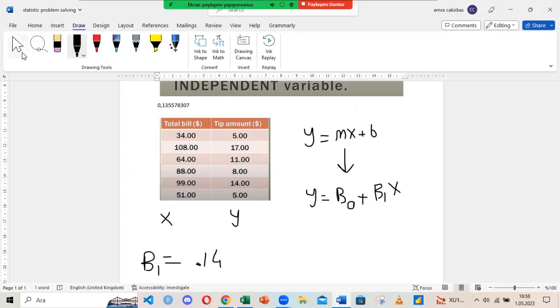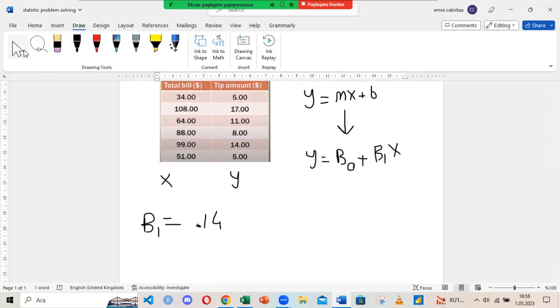And we have a formula for b sub 0, and that is b sub 0 equals y bar minus b1 times x bar.